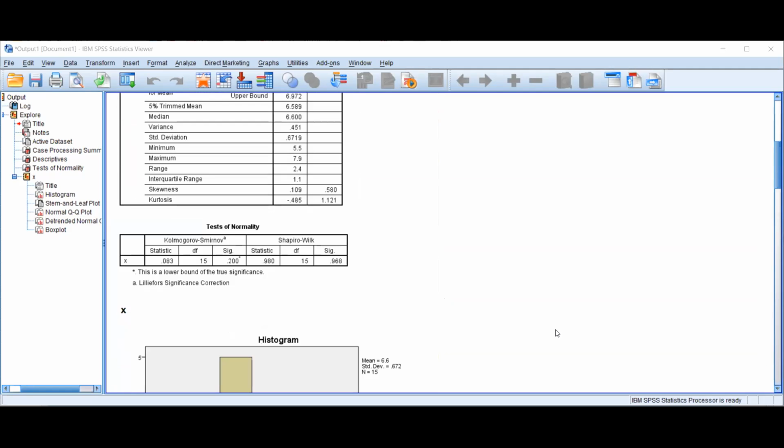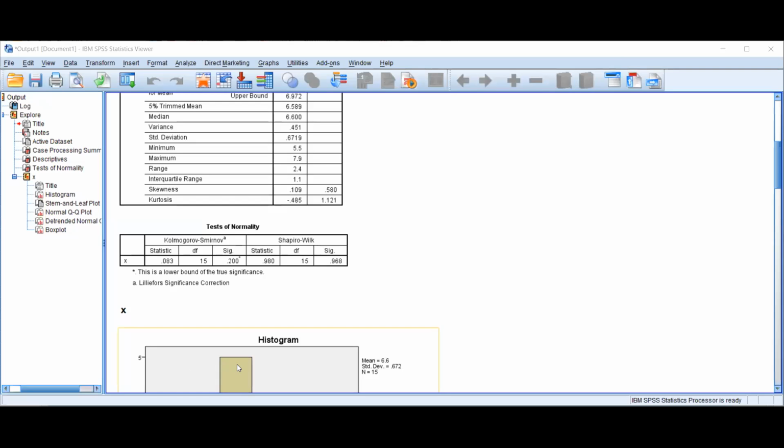Now we are looking at the Kolmogorov-Smirnov test output. What is the null hypothesis for the Kolmogorov-Smirnov test? The null hypothesis H naught is that the data is normally distributed.